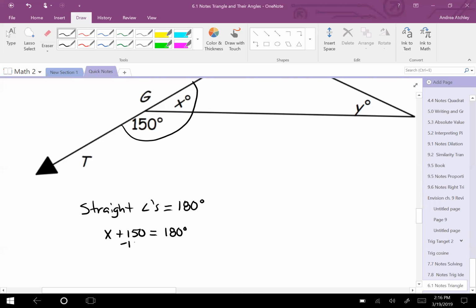So you subtract 150 from both sides, and we're going to get x equals 30.